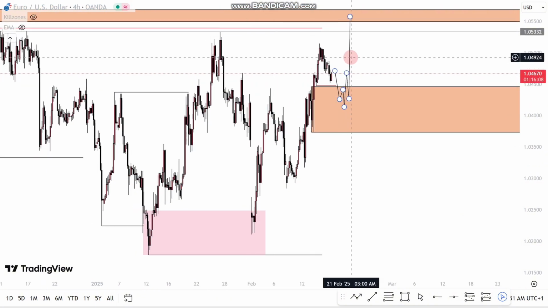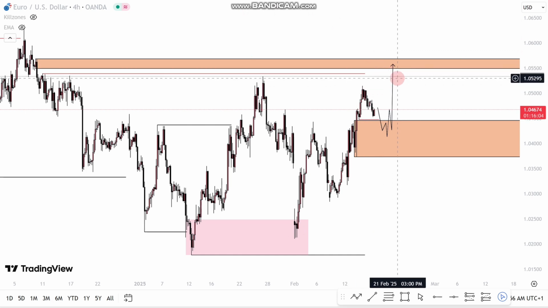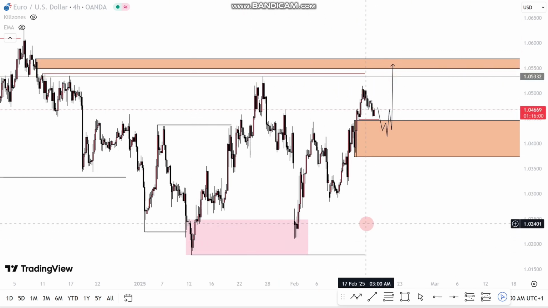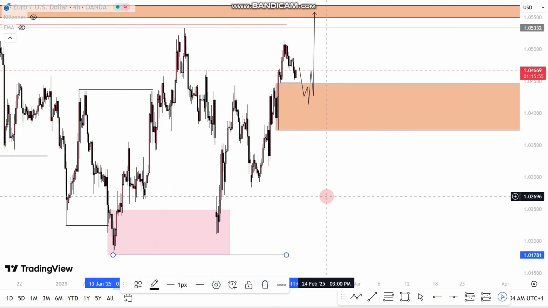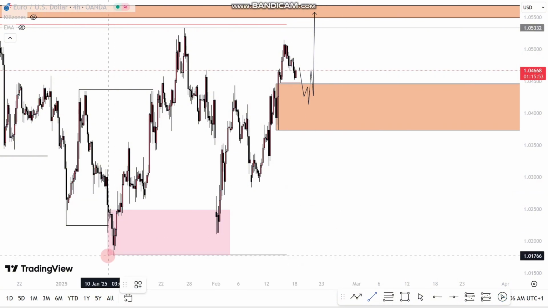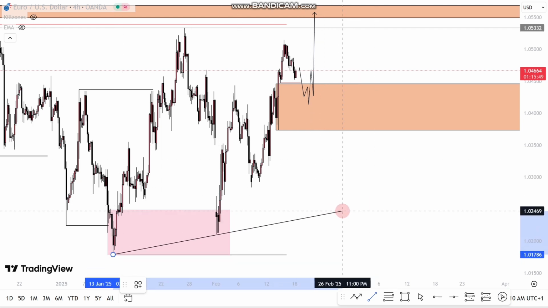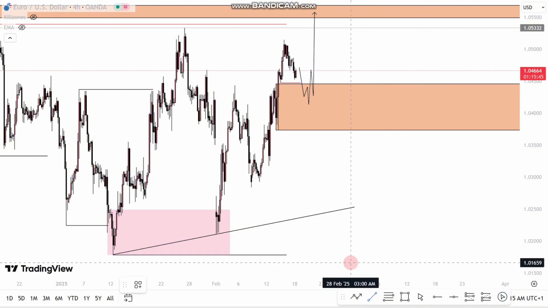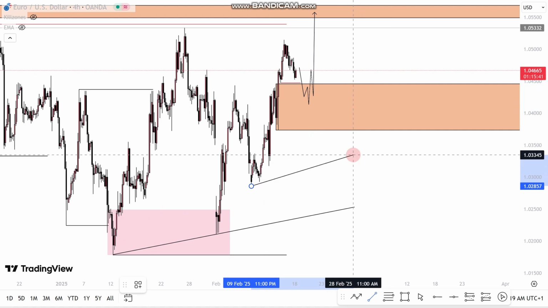Once price changes character, just like the way I told you on the DXY, I will be looking for an area to sell to the downside, because a lot of liquidity is already resting here. If you look from this area, it's forming more like a trend line liquidity around this region, and price would want to come and take it out. And if you also look here as well, the same thing all over and over again.